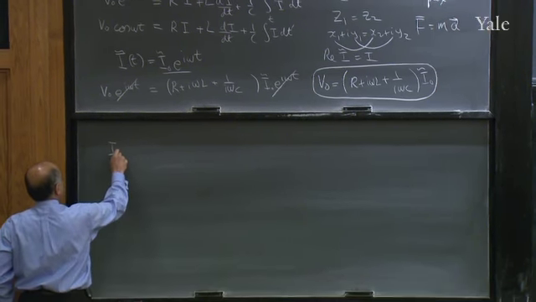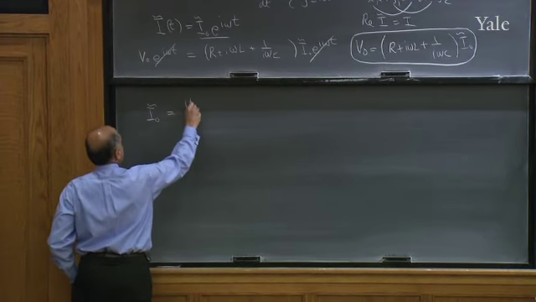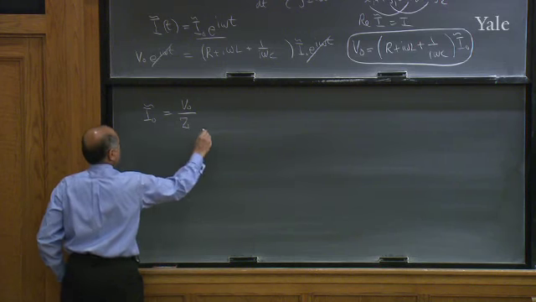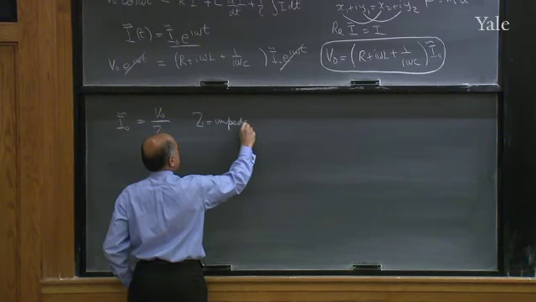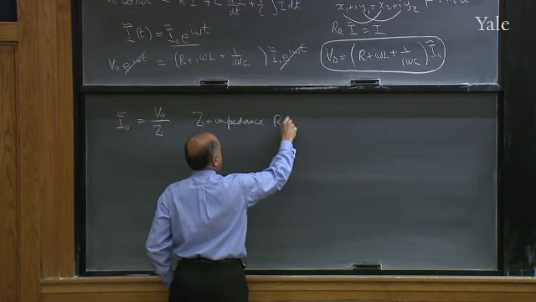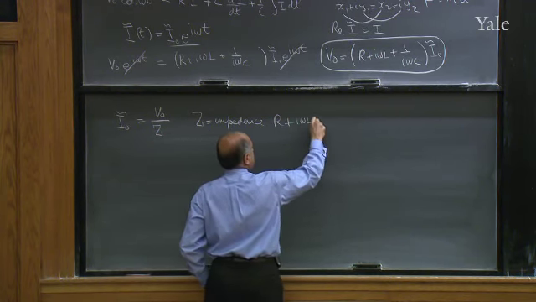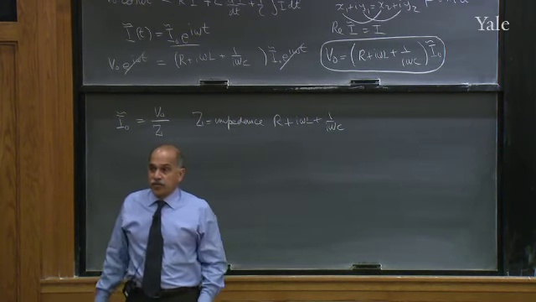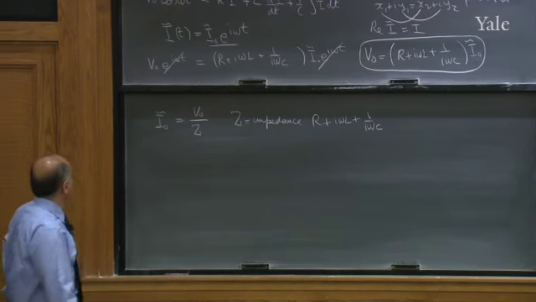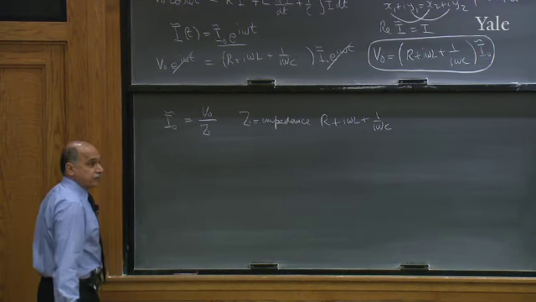So I0 twiddle is equal to V0 divided by this complex number z. This complex number z is called the impedance. And it's equal to r plus I omega L plus 1 over I omega c for this problem. I'm not telling you this is the answer for every problem, but for this problem, life is very simple.